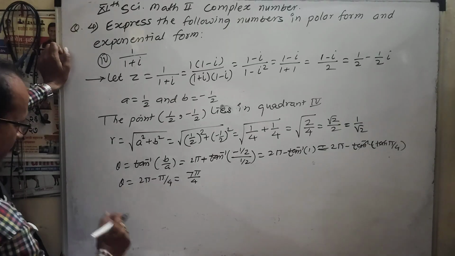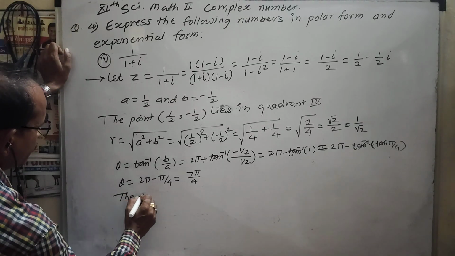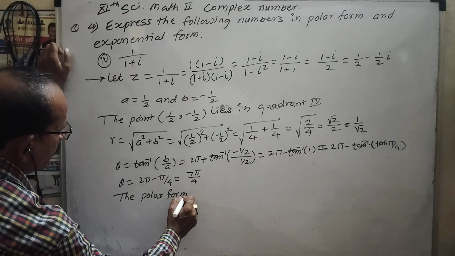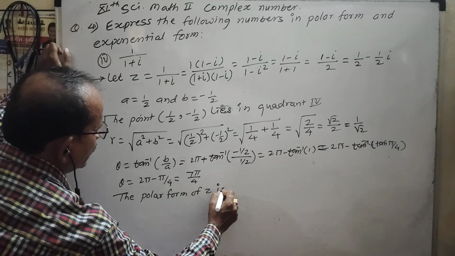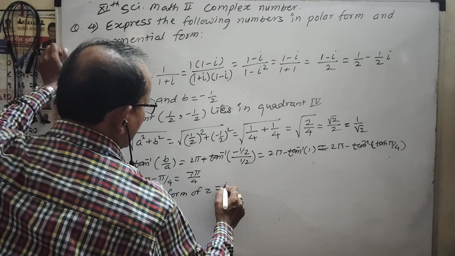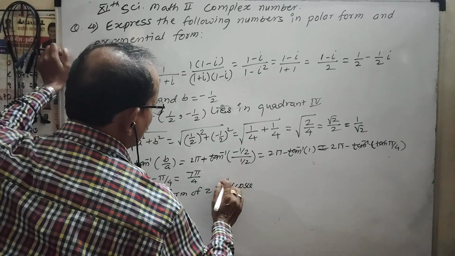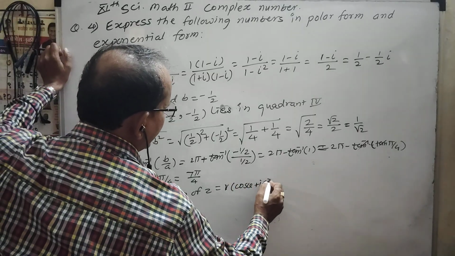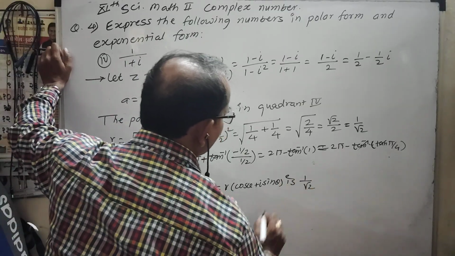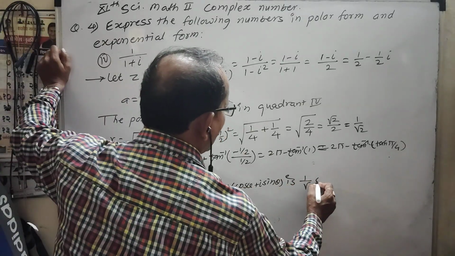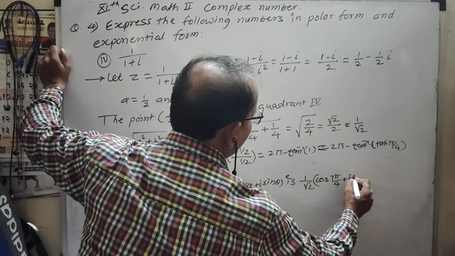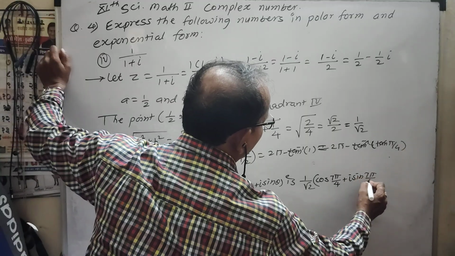Now the polar form of z is equal to r cos theta plus i sin theta. r is 1 upon root 2, and cos of 7 pi by 4 plus i sin of 7 pi by 4.